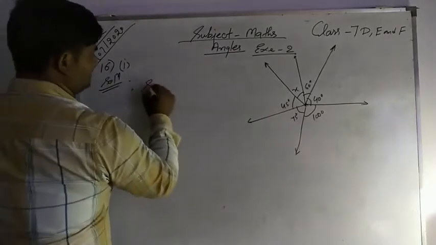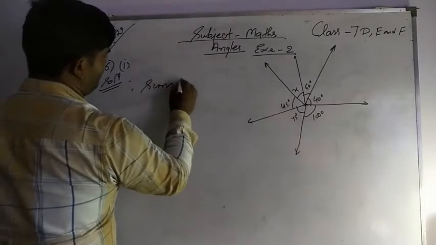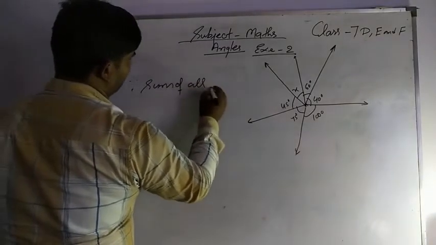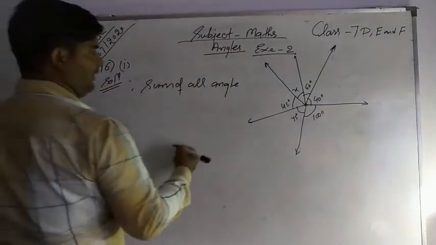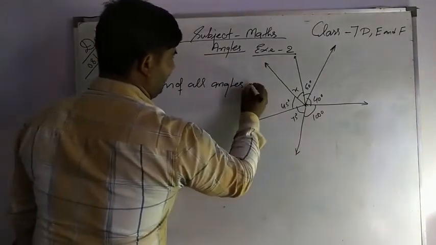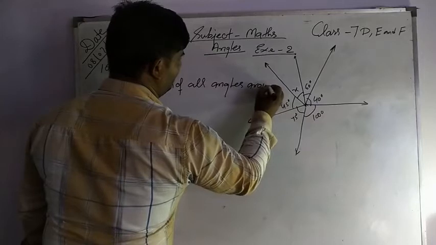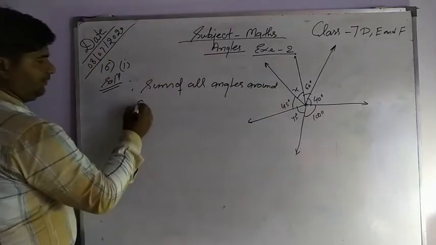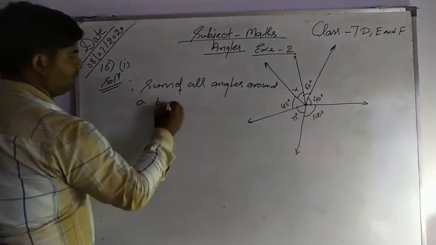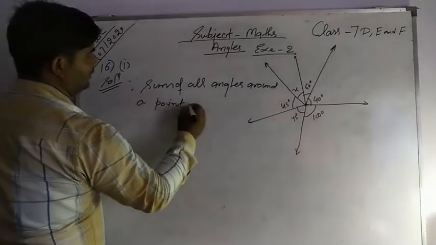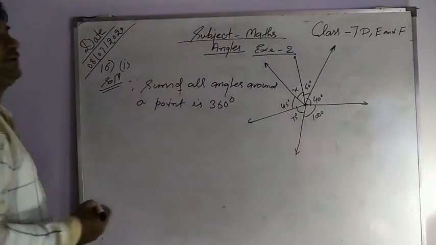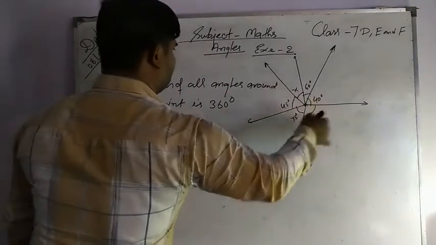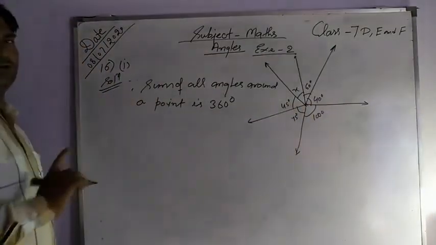Since the sum of all angles around a point is 360 degree, if we add all these angles, their sum should be equal to 360 degree.